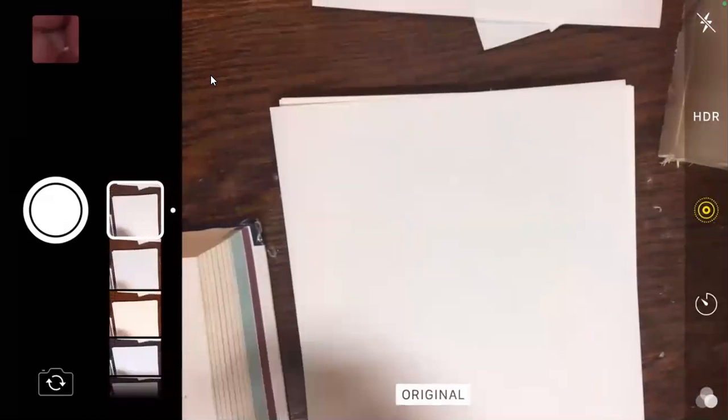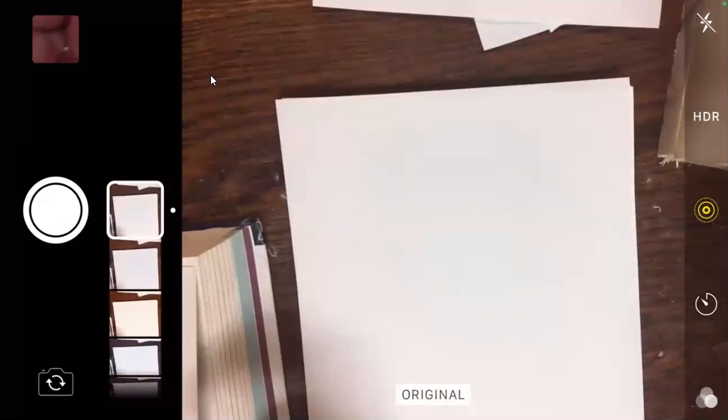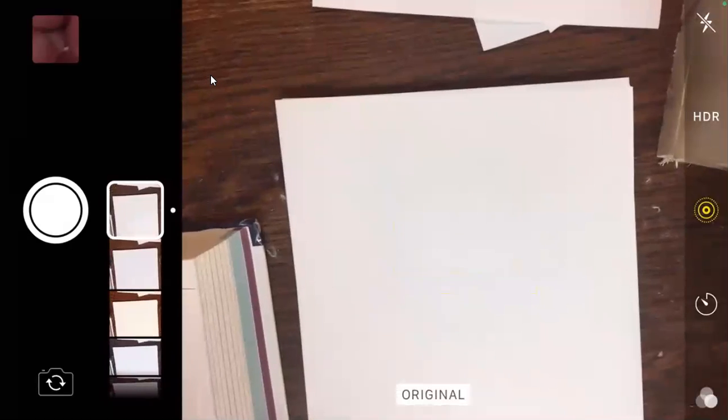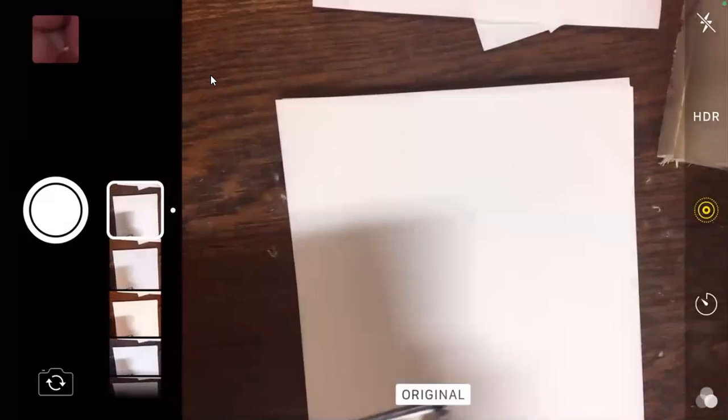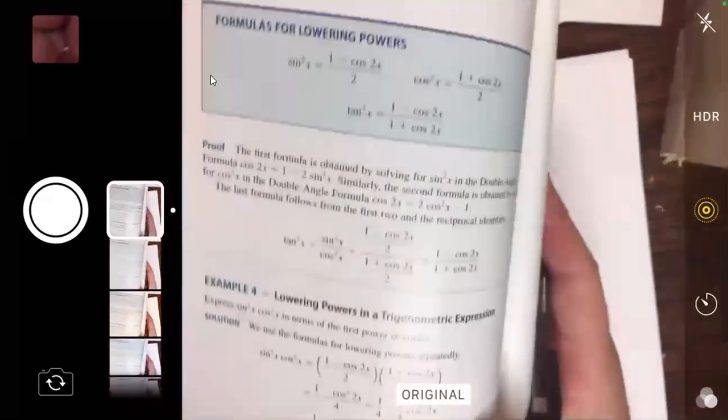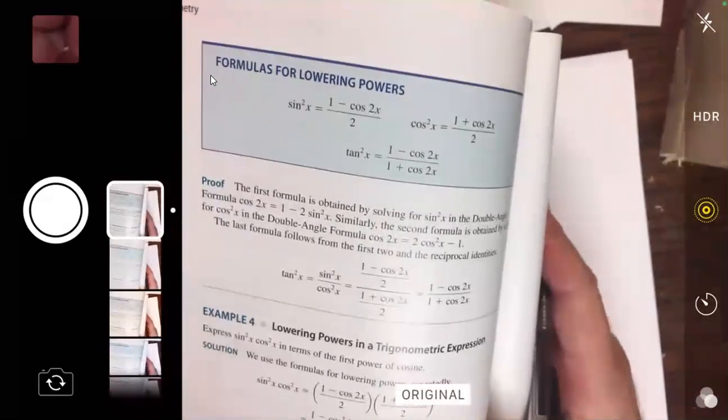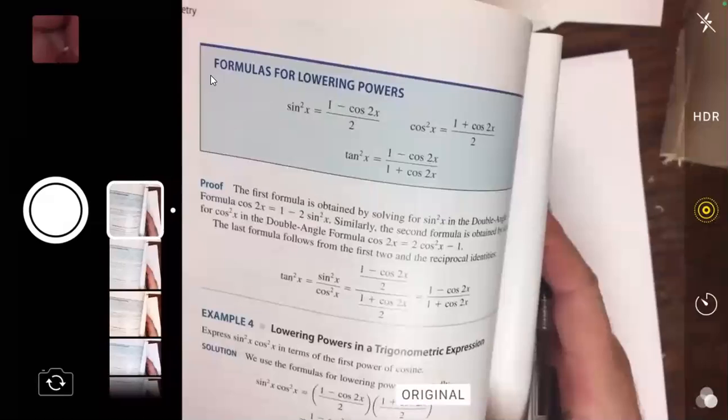Hopefully you get some confidence in these things. Half angle formulas, they show you here. You really have to see these formulas for lowering powers, kind of moving step by step. Formulas for lowering powers, where do those come from?